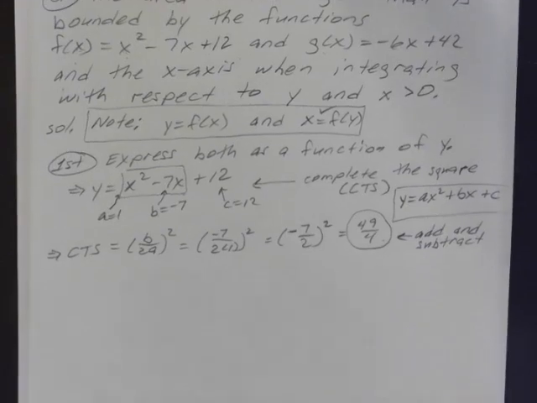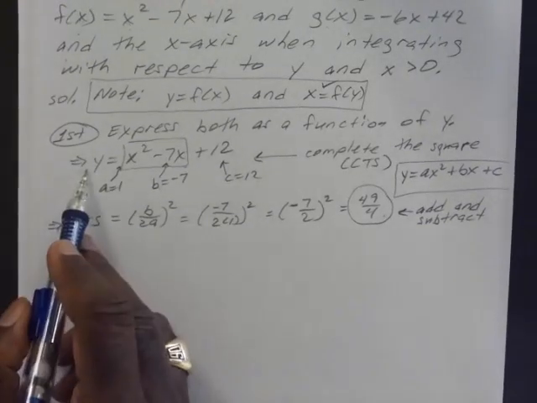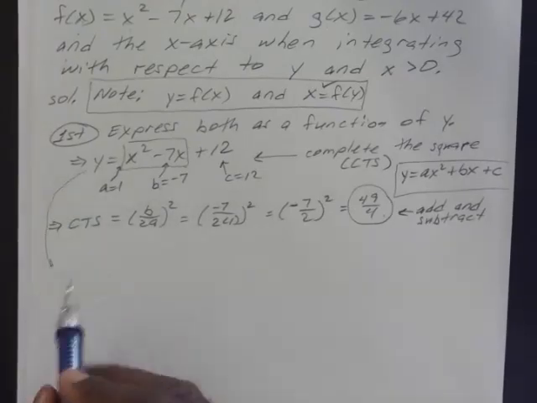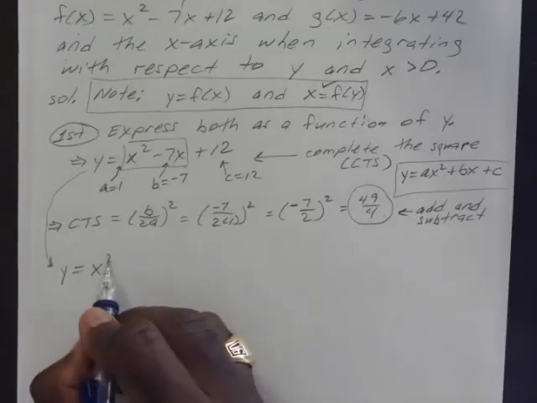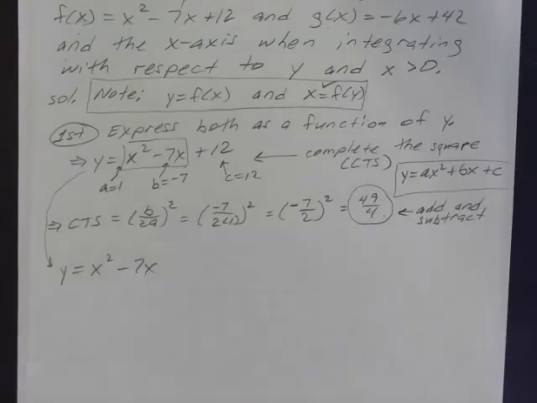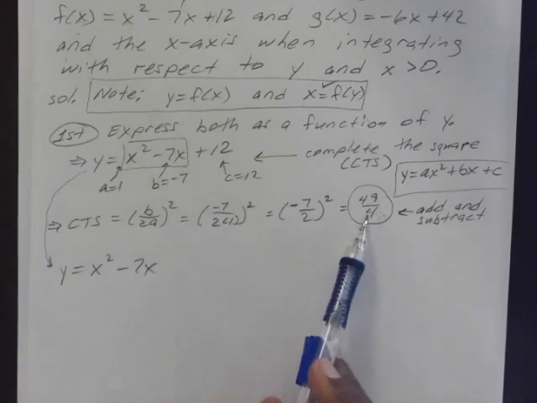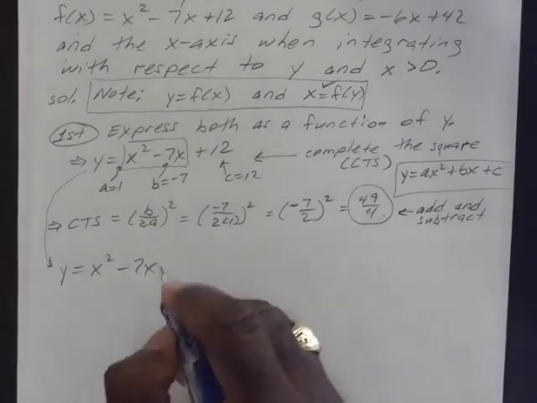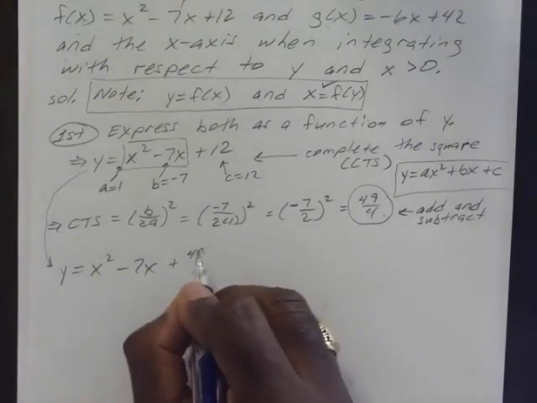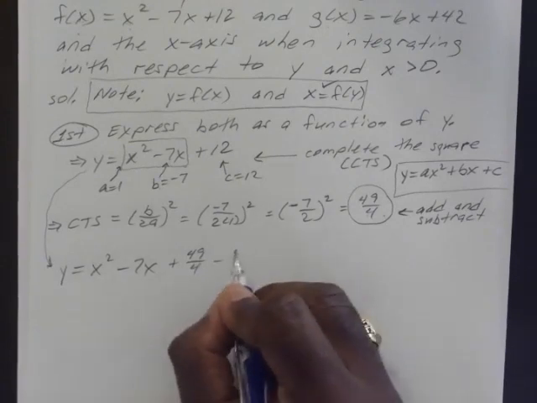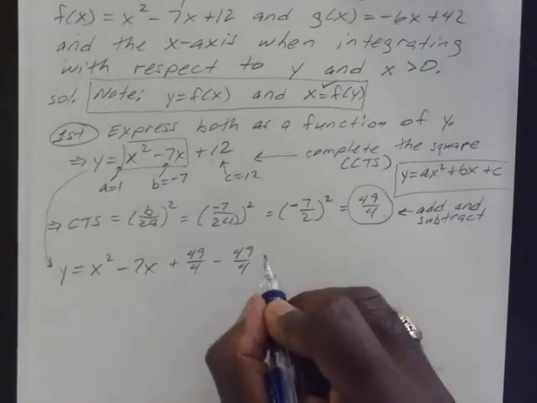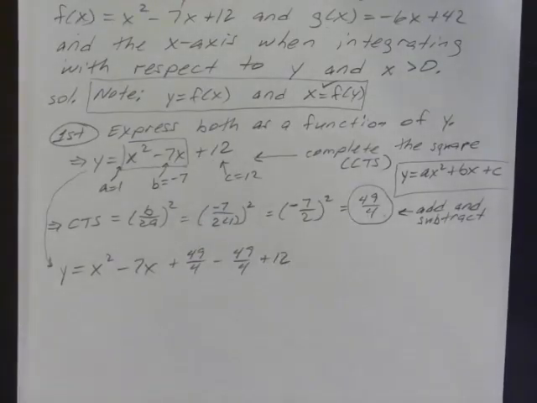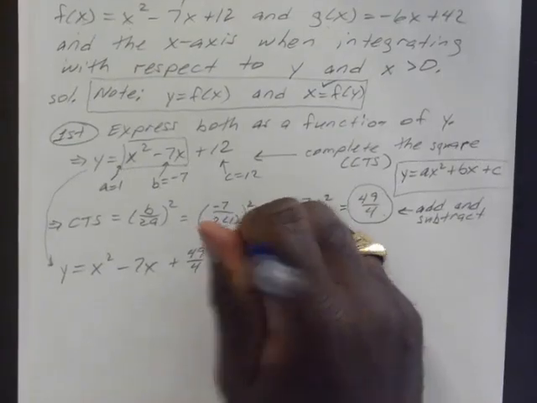Okay, so what that does is that we can now take this and rewrite it as y is equal to x squared minus 7x plus 49/4 minus 49/4 plus 12. Make that 9 a little bit neater.